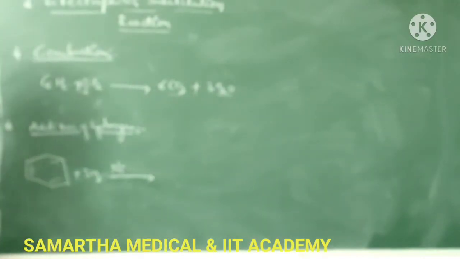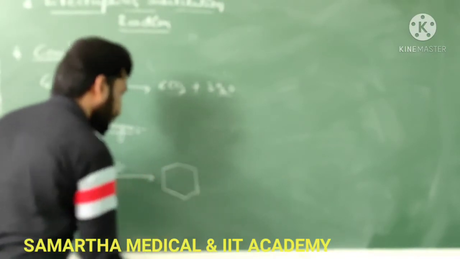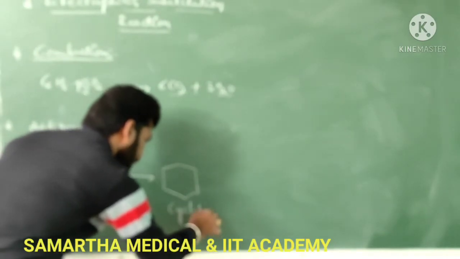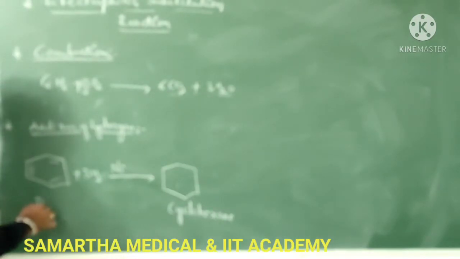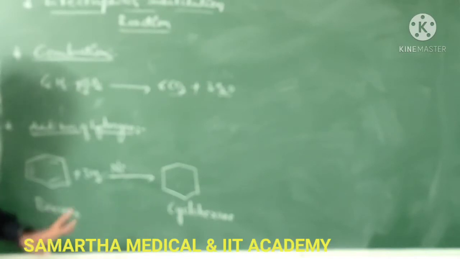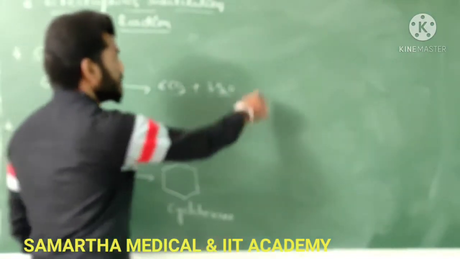Then the compound that is going to be formed must be cyclohexane. So benzene becomes cyclohexane when benzene undergoes hydrogenation, guys. Then only we are going to get cyclohexane. So we have to know that particular thing: aromatic to aliphatic hydrocarbon.